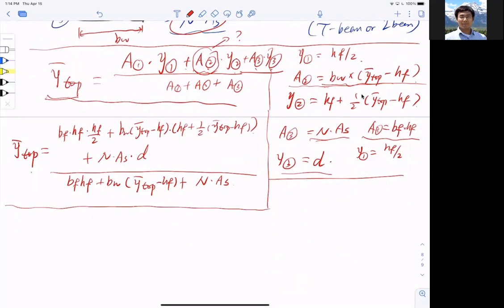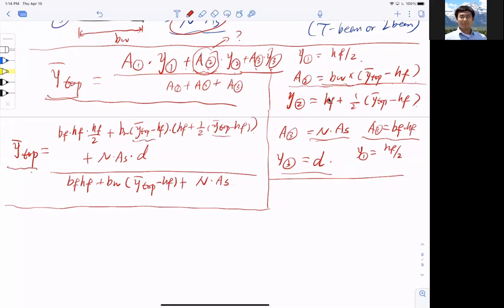Now, if you have sharp eyes, and all of you should have, you notice that in this equation on the left, you have y bar top, but on the right, you also have y top, in second order.